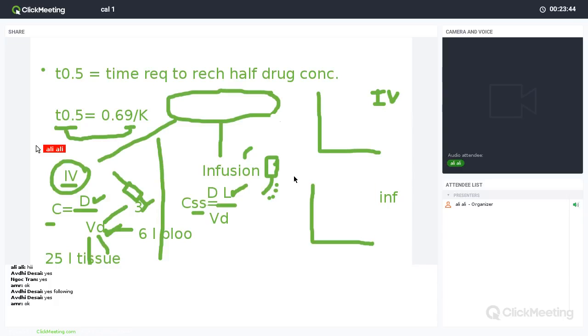Studying by comparison will give you a holistic view of the topic and you will not forget easily. The intravenous injection curve will look like this, and the intravenous infusion will look like this.